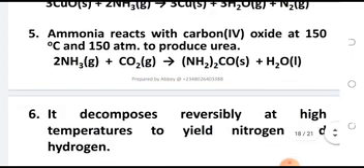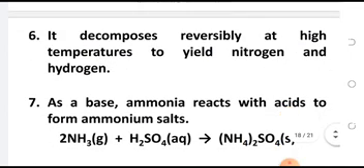Then the number 6 chemical property that we look at here is that it decomposes reversibly at high temperature to yield nitrogen and hydrogen. There is no need of giving this equation again. It is the reversible aspect of the equation in the Haber process for the preparation of ammonia. So we don't need to start writing this one again.